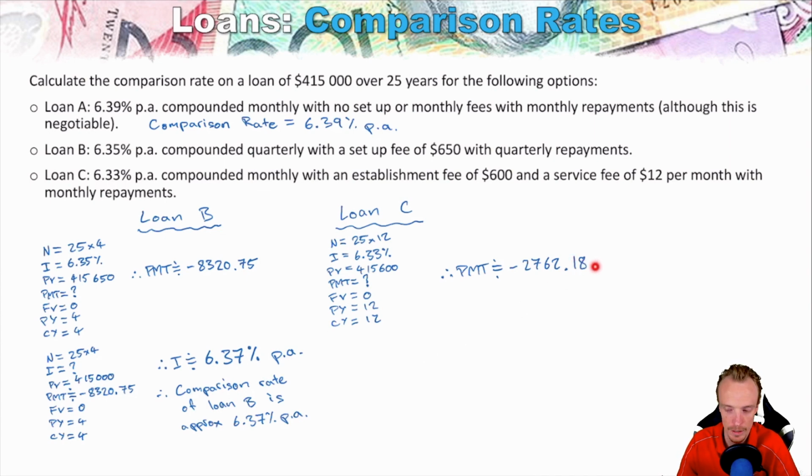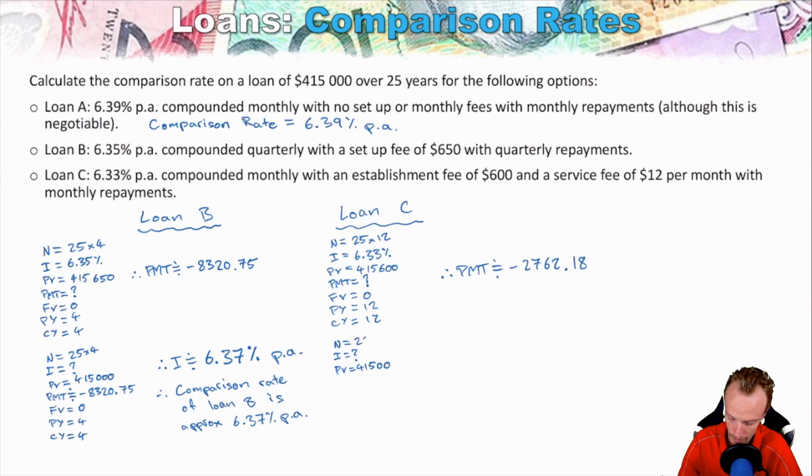I tend to just subtract the 12, but that's something to be very, very aware of, that you need to increase the repayments by 12. So this needs to be $2,774.18. I do that in the next step. So the interest rate is going to be what we're calculating, present value. It's the original loan.